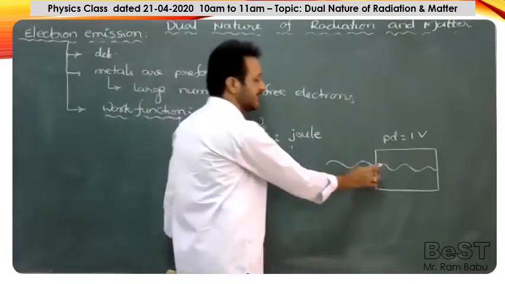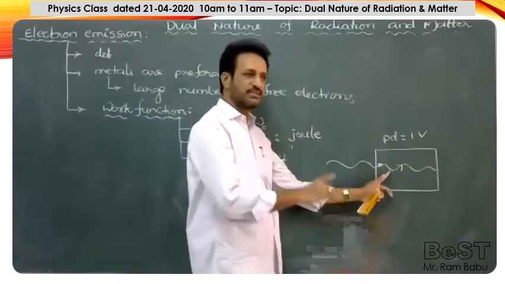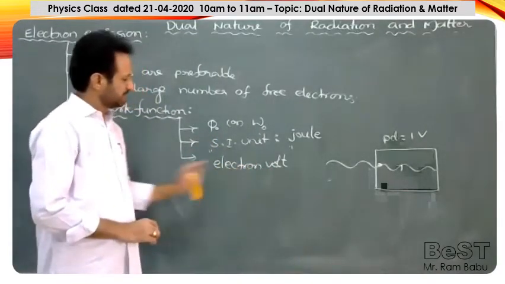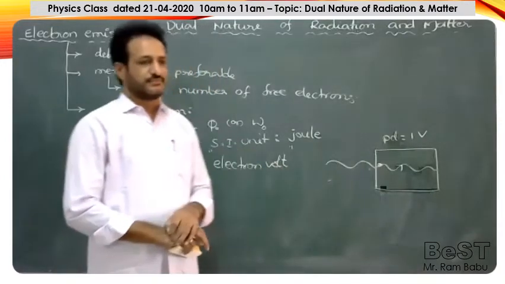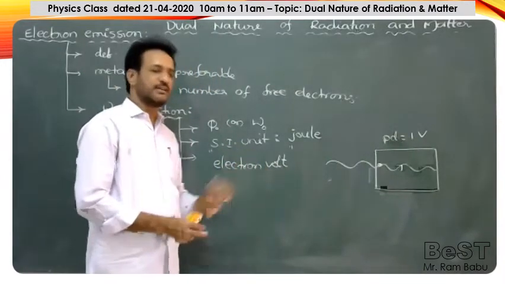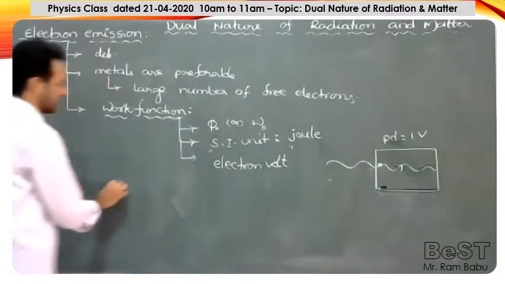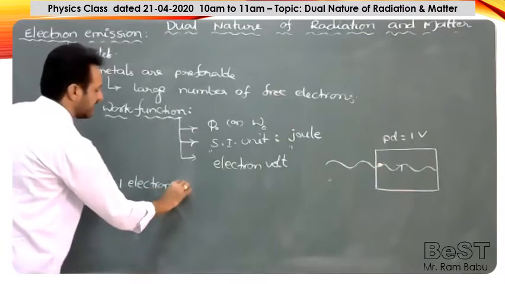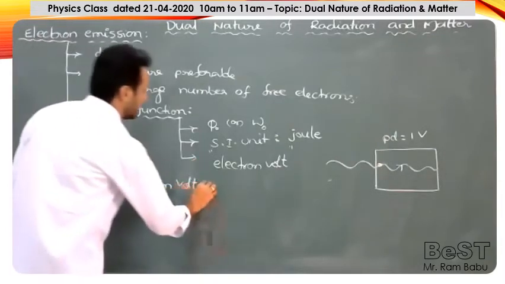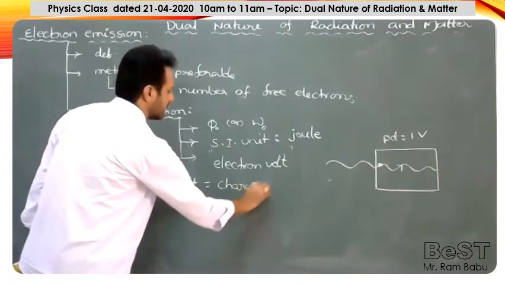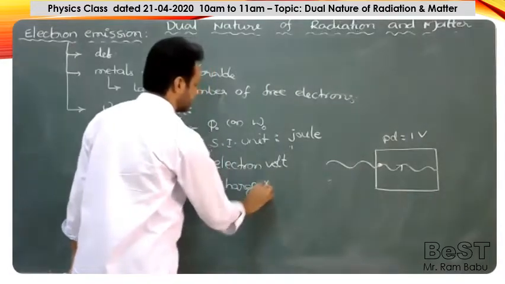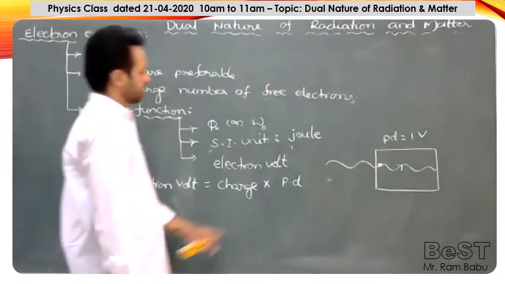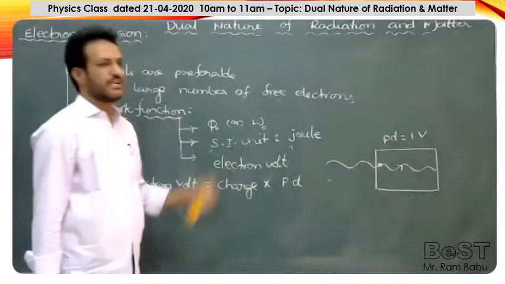So the kinetic energy gained by an electron while accelerating through a potential difference of 1 volt is called electron volt.